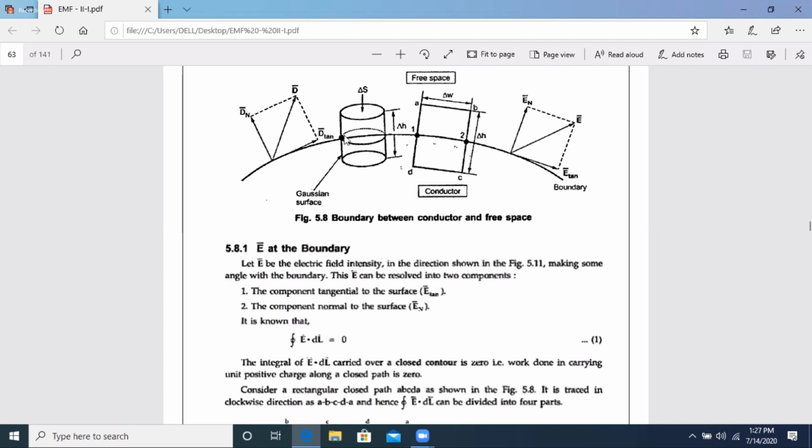So if the charge is here, and we integrate along any closed path, the integral of the electric field, E dot dl, along the closed path is 0, which is kind of understandable because if you move the charge along any closed path, you reach back at the same place, and so it travels no distance, so the work done is 0, right?